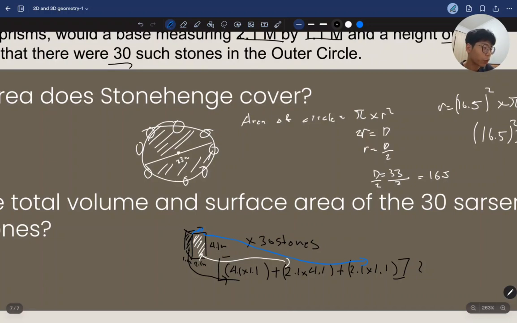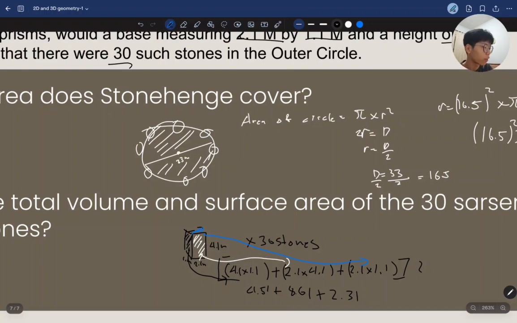So we just do that. 4.1 times 1.1 is 4.51, plus 2.1 times 4.1 equals 8.61. And lastly, 2.1 times 1.1 equals 2.31.